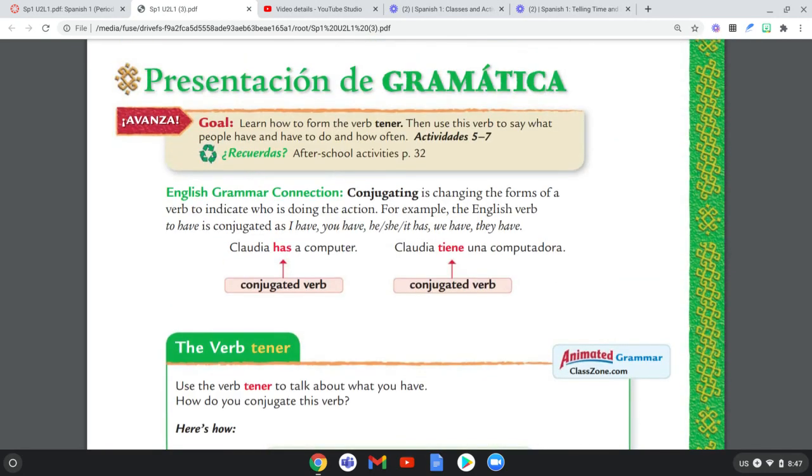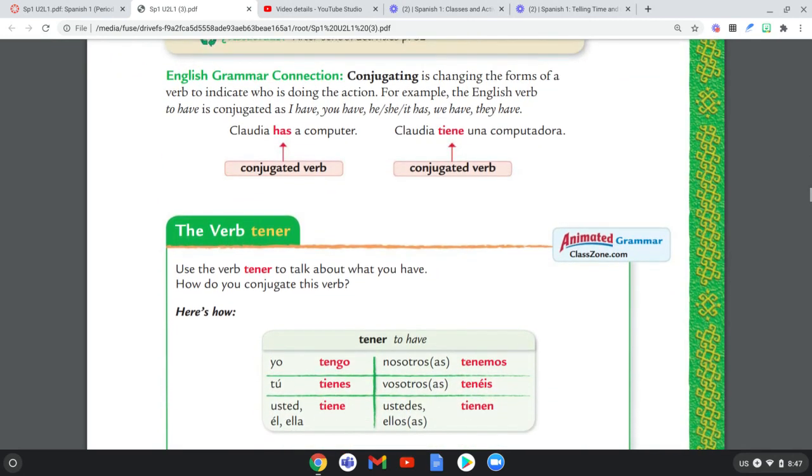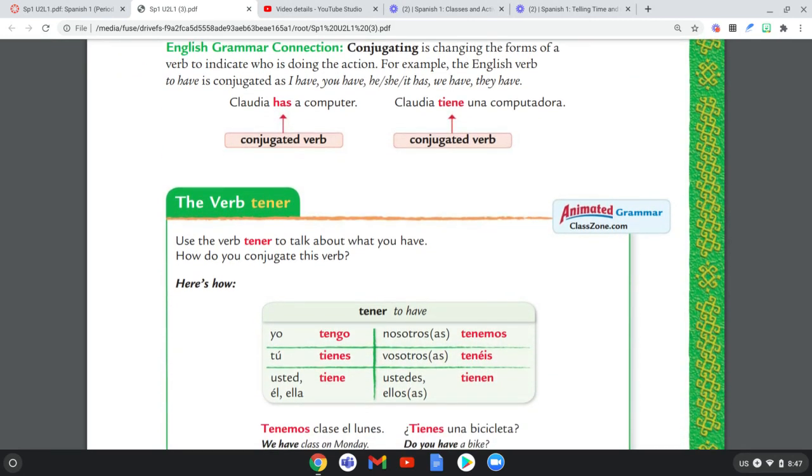So, okay, we'll start at the top. This idea is relatively new. We've only done it pretty much once before with the verb ser, but we're going to do this with every single verb, action word that we ever come across, no matter what year of Spanish you're doing. This is like breathing. You need to know how to do this idea. This is called conjugating.